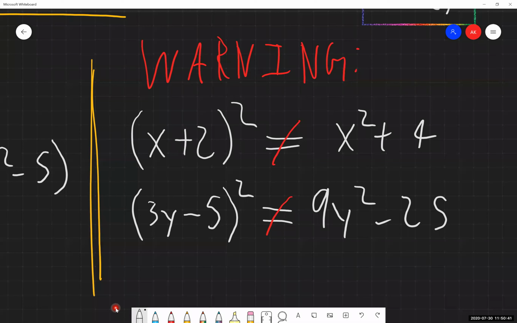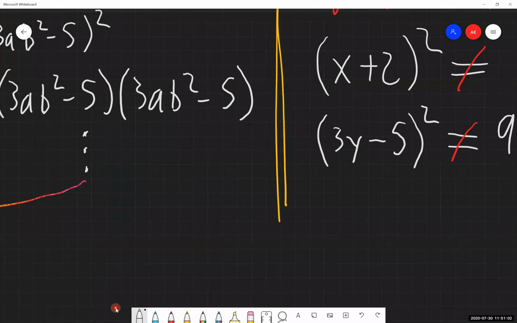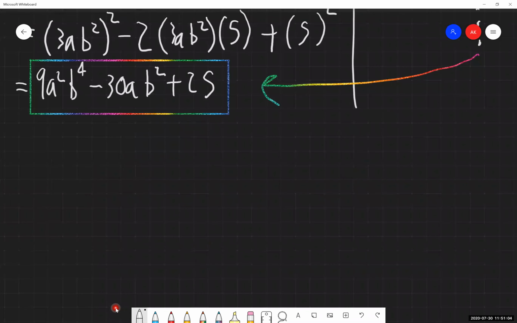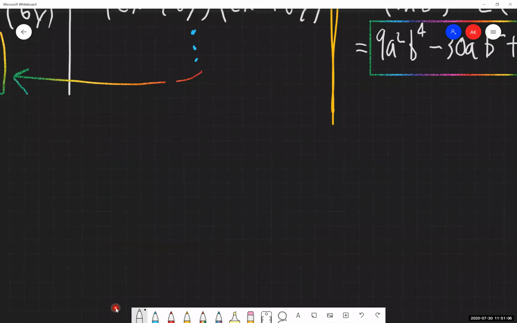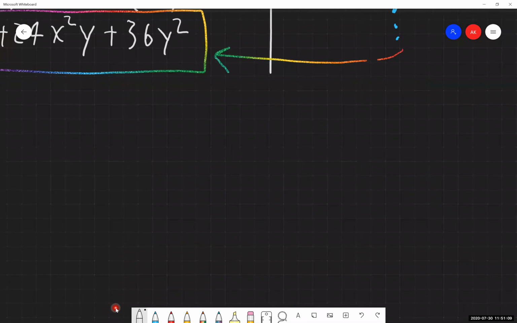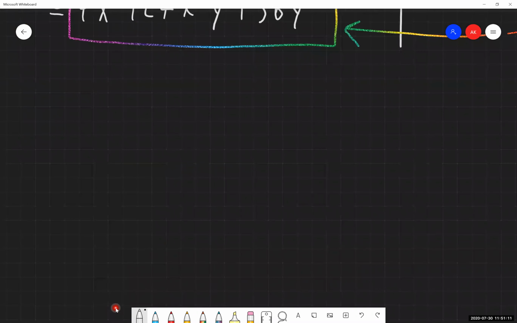But you cannot just distribute the exponent through willy-nilly and say, okay, I'm just going to square that part, I'm just going to square that part, and then done. Cannot do that. You cannot do that with binomials, trinomials, anything like that. Okay, so that's just a warning I want to put out there. Now we're going to get to our multiplication with conjugates, because these are really, really nice. Really, really good shortcuts to have memorized.